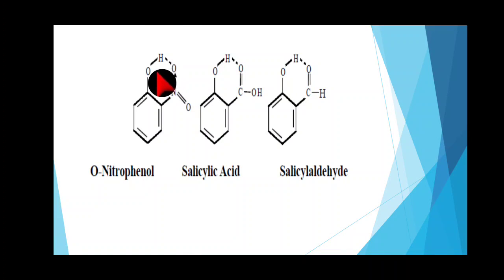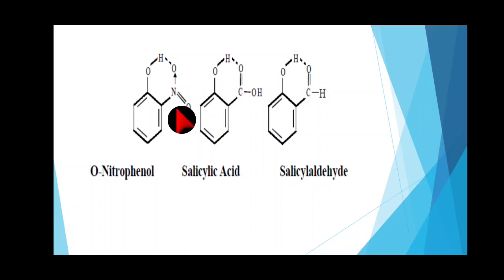Here, the OH hydrogen bonds with the oxygen of the nitro group. The hydrogen bond is between hydrogen and oxygen, mentioned with a dotted line. Here it shows one cage. That is called chelation.